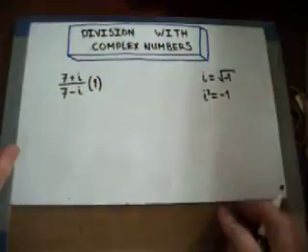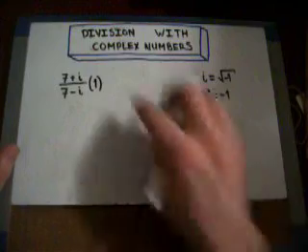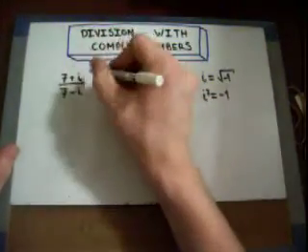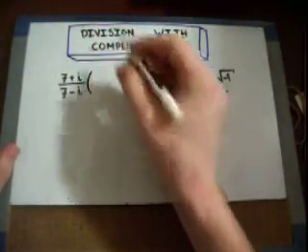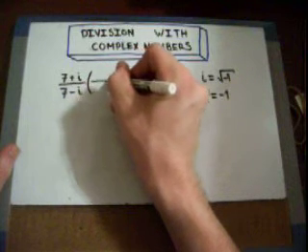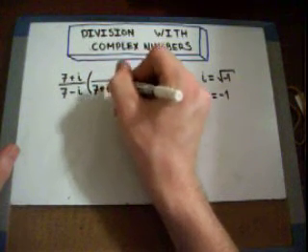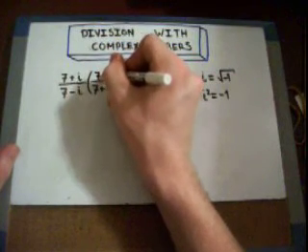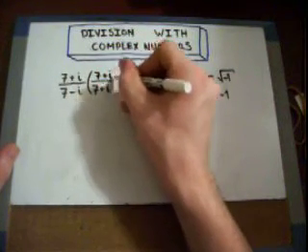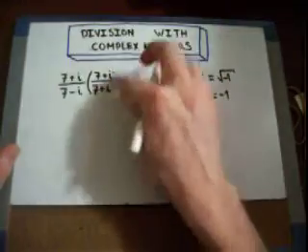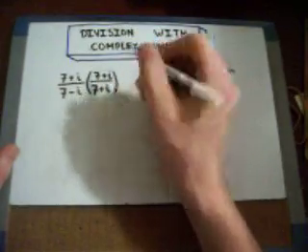But it's going to be a special kind of 1. It's not going to be your typical one. I guess you could say it's a fancy one. What I'm going to do is multiply by 7 plus i over 7 plus i.